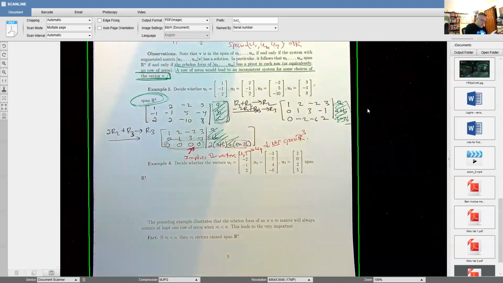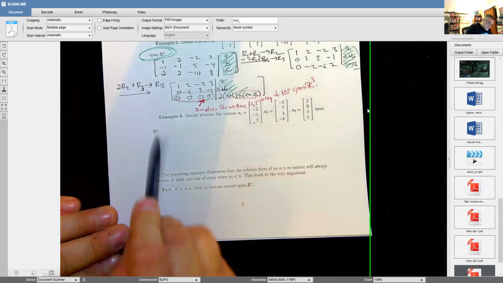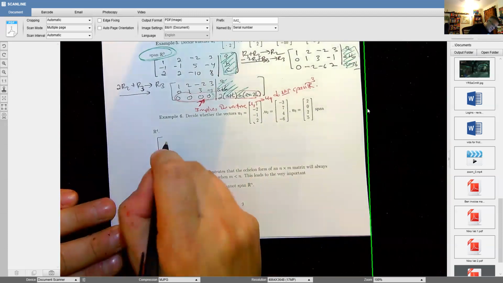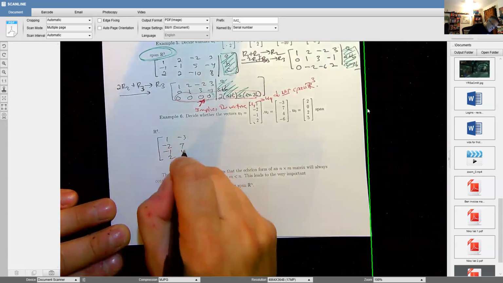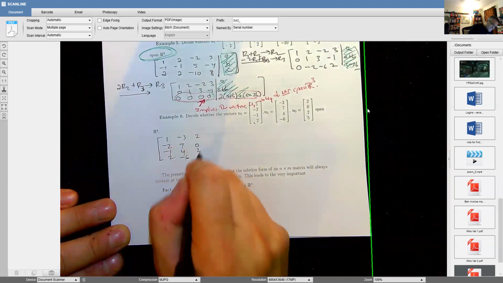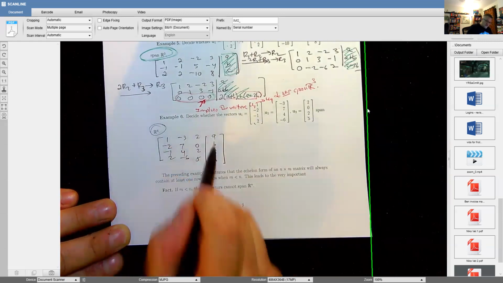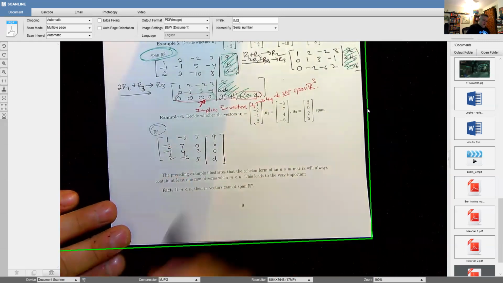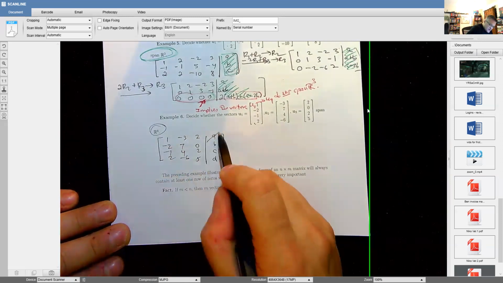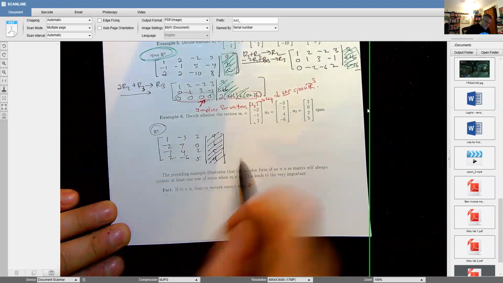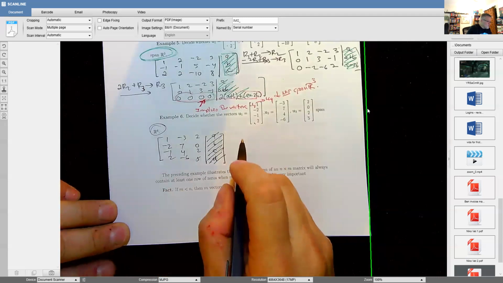Okay, so let's do that here. Same idea. I want to know if these vectors span all of R4. And so I'm going to put those in as my columns. And remember, if you take a vector in R4, it has 4 components. So I'm not going to keep track of the right side. I just need to keep track of the coefficients and see if there's going to be a zero row.